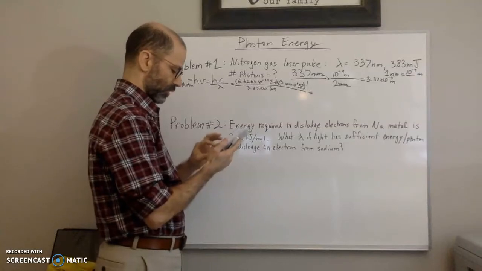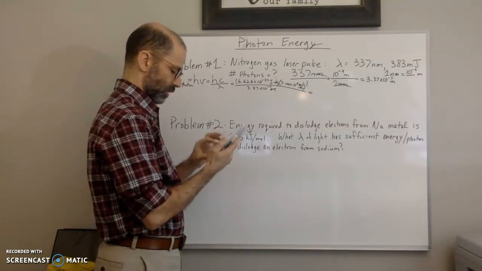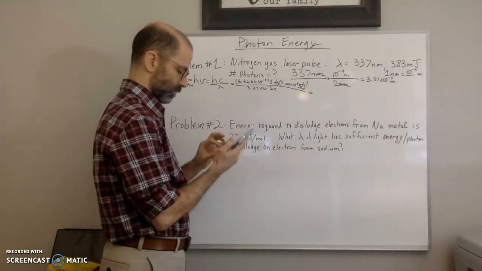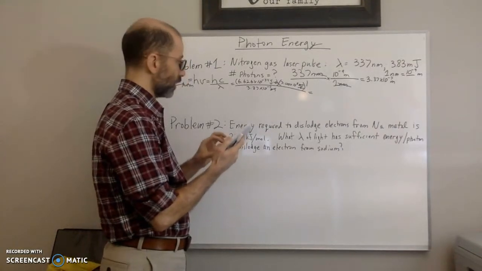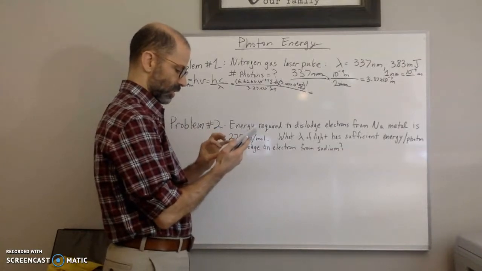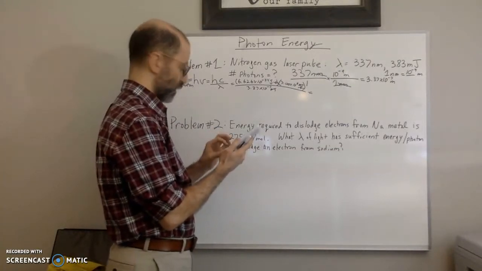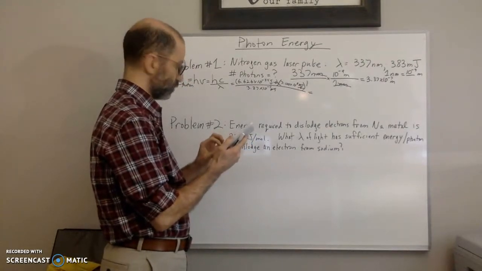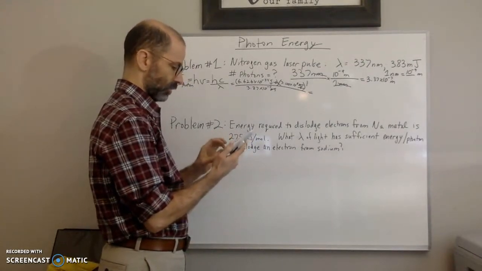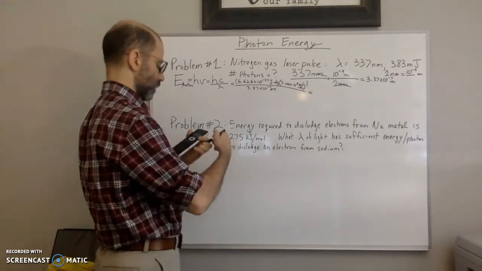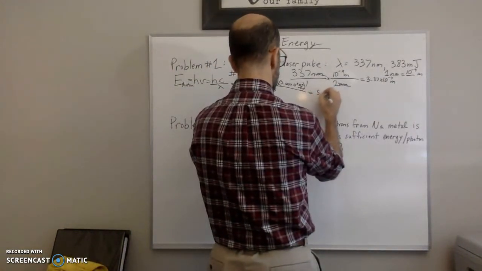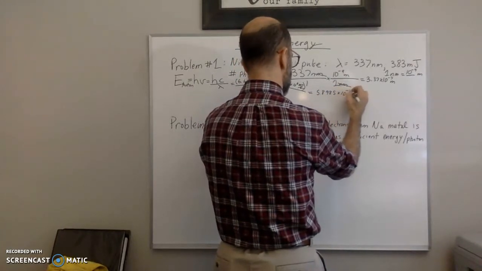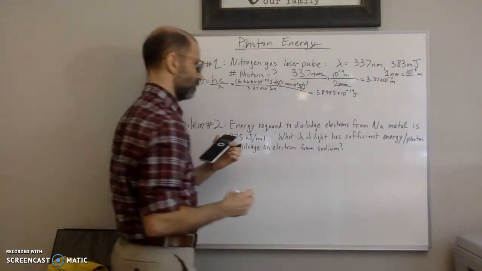So I have 6.626 times 10 to the negative 34 times 3.00 times 10 to the 8, divided by 3.37 times 10 to the negative 7, equals, and I get 5.8985 times 10 to the negative 19 joules.